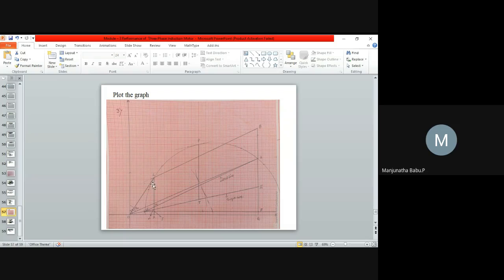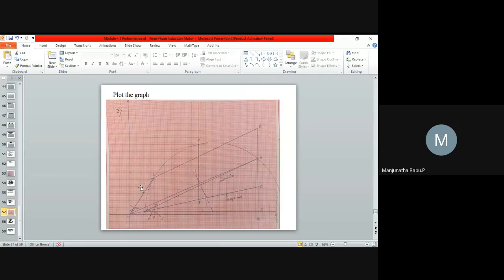The length OL, if I measure, gives you the full load line current. OL I am getting as 6.4 centimeters. Since the current has to be calculated, multiply by the current scale. So 6.4 into 5, we are getting full load current as 32 amps.